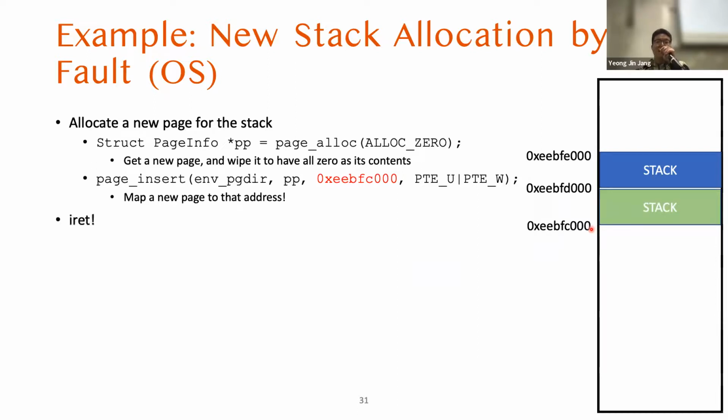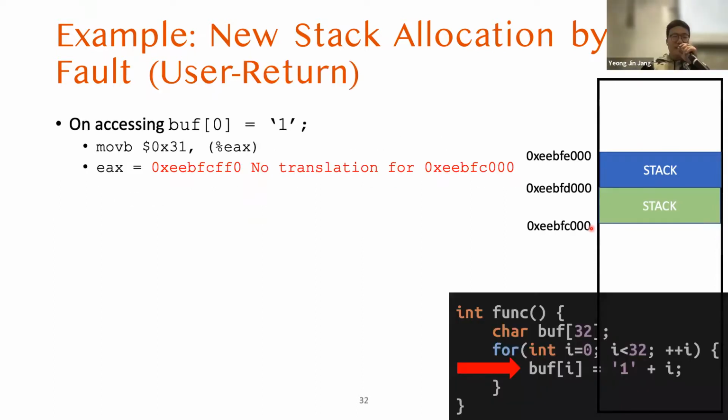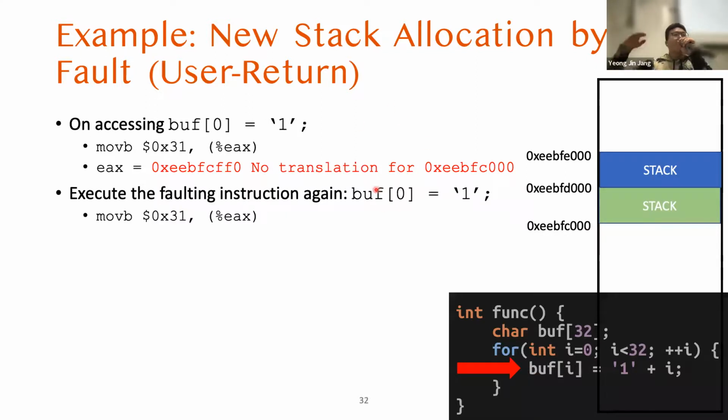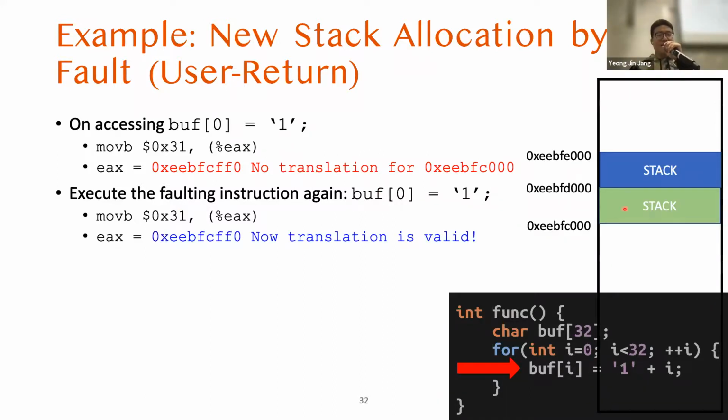And after that, iret. So we are continuing the user execution. Previously, this access was generating the fault. But when we return to the application with iret, for a fault, it will resume the same instruction. But now we have the stack backed by the operating system, so the translation is valid. This is a valid address. Then the program can continue to run.